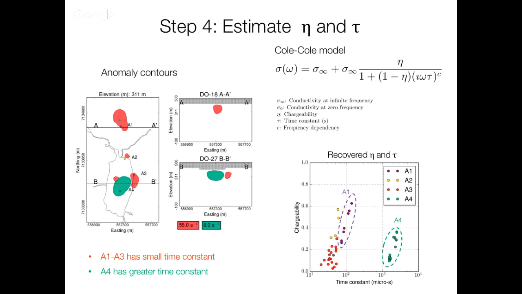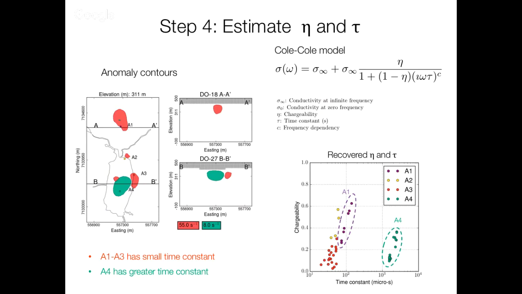I think there were 10 or 12 time channels. Now we do a 3D inversion at each time channel, and then for each cell, we've got some estimate of the pseudochargeability at a particular time. And now we take those and we do a parametric inversion to try to find basically eta and tau. C is going to be fixed here.